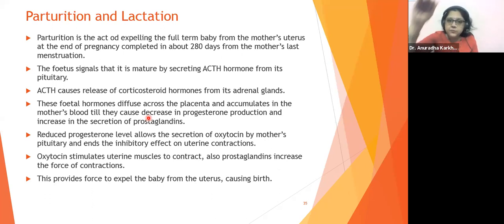So the fetal pituitary is ready now, correct? The pituitary of the fetus is going to synthesize adrenocorticotropic hormone, ACTH. Who will secrete this? The fetus will secrete this.